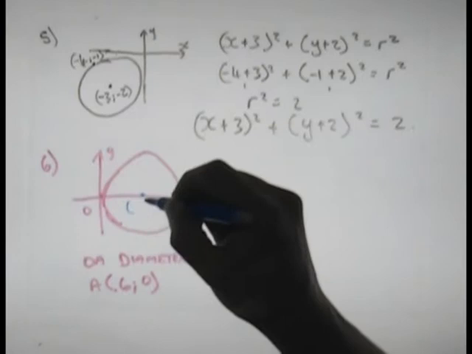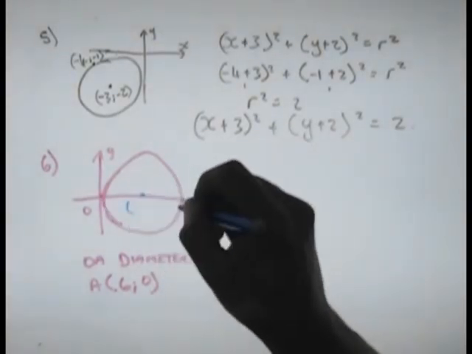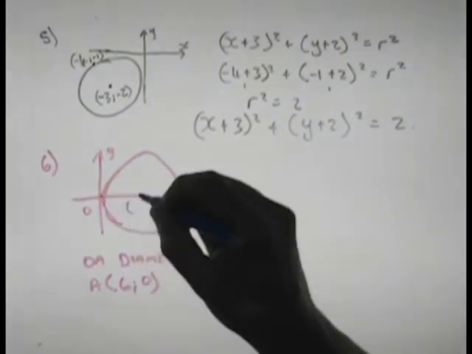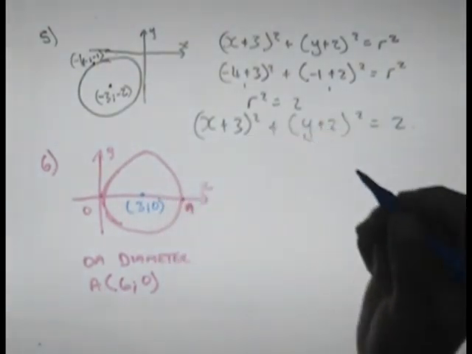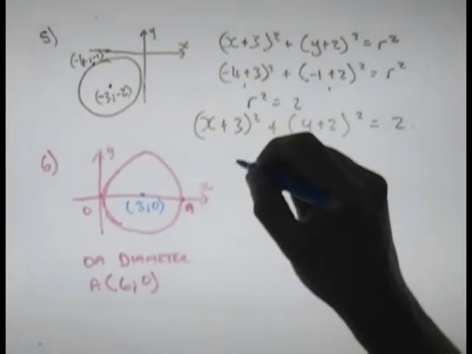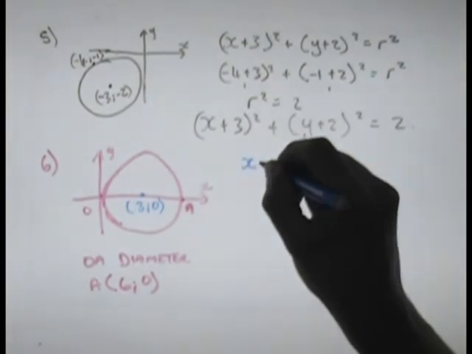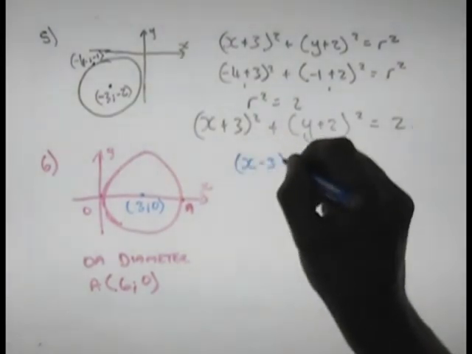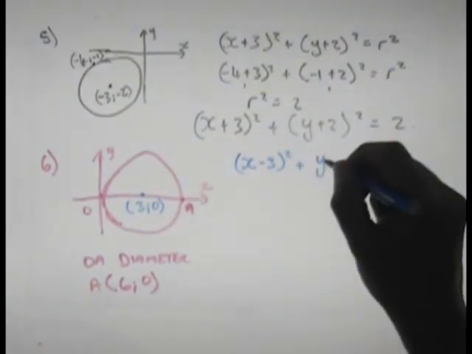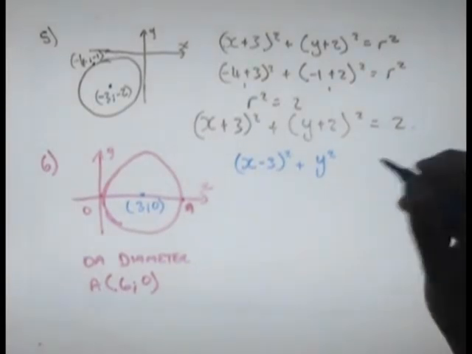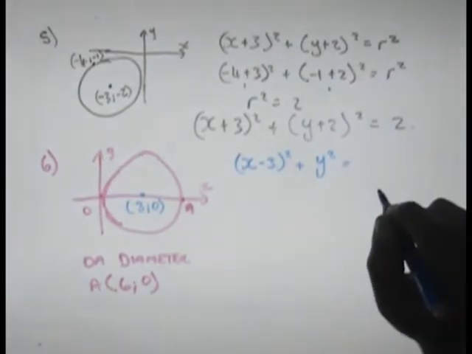That means that the center of the circle has an x value of 6 plus 0 divided by 2, which is 3, and a y value of 0. That means that our equation will now read x minus 3 squared plus y minus 0 squared, which is just y squared, is equal to r squared.